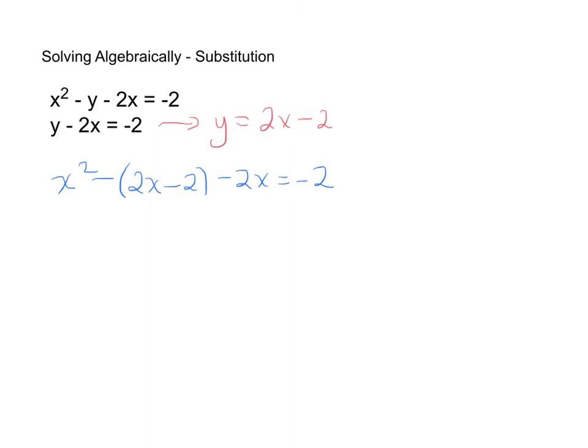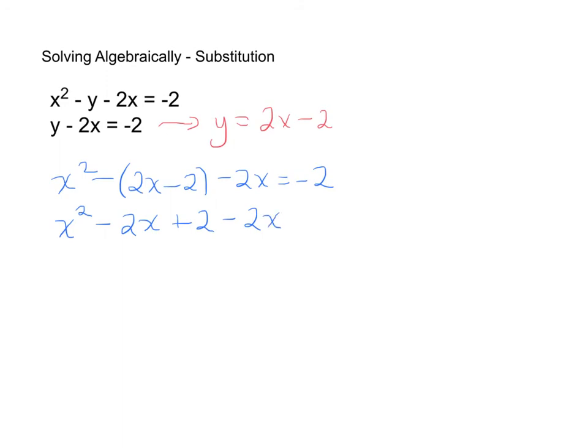This was a question that came up yesterday about that negative y. If I'm substituting two terms in for y, so 2x minus 2, that negative applies to both of them, right? So this becomes x squared minus 2x plus 2 minus 2x.